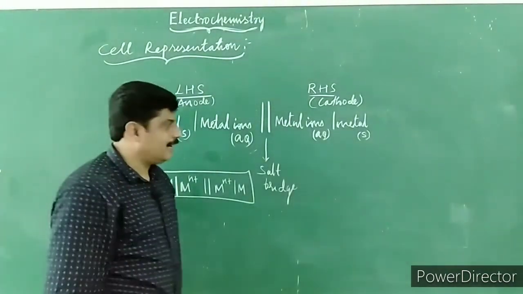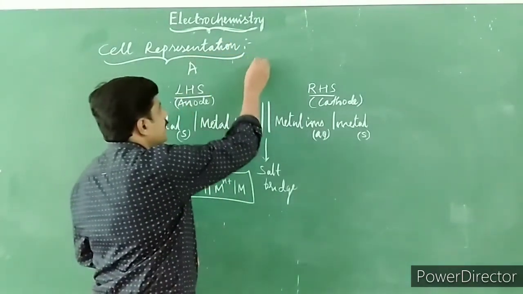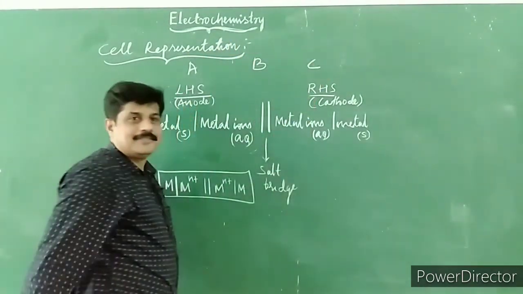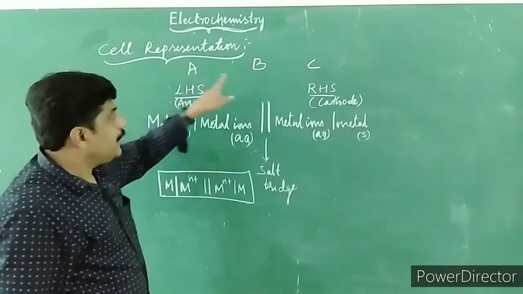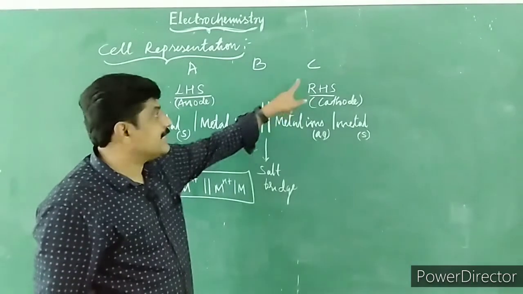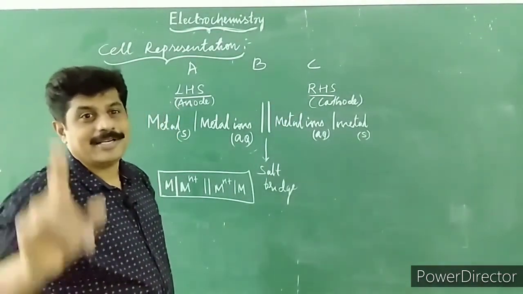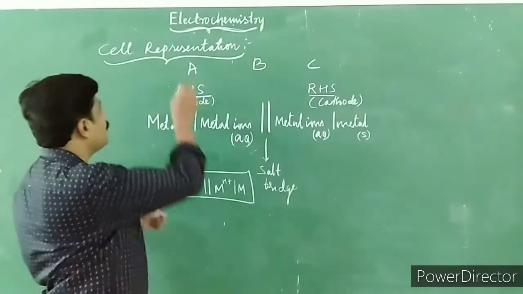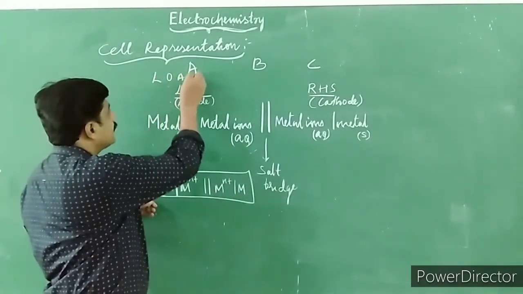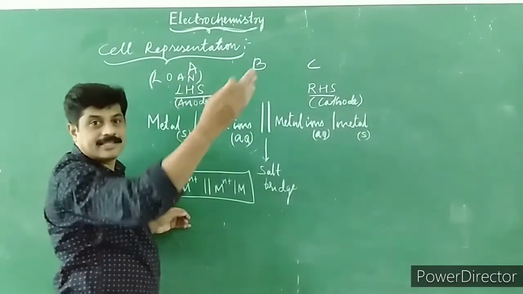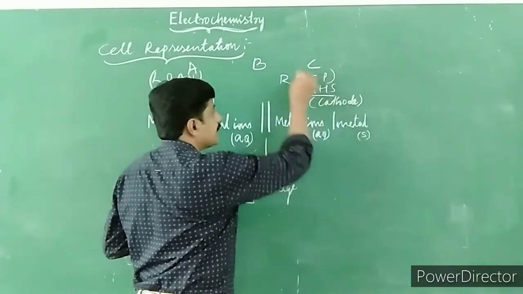You should remember what A, B, C are. Children, what is A? A is the anode reaction, B is the salt bridge, and C is the cathode reaction. Remember one more thing. Look at here, LOAN. On the other side we write RRCP.